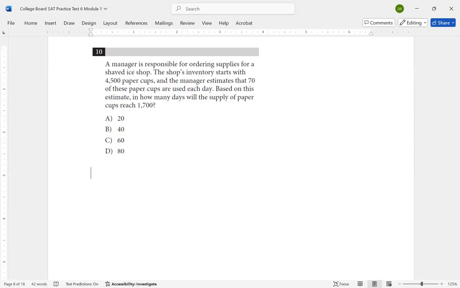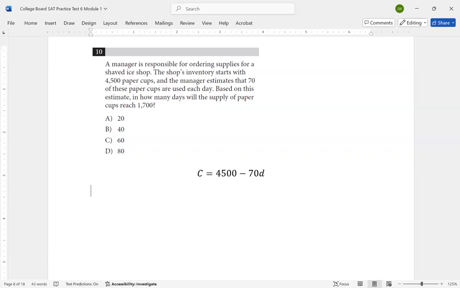So if we start with 4,500 paper cups, and if we're losing 70 each day, I can create an equation that says the number of cups is going to be equal to 4,500 minus 70D.